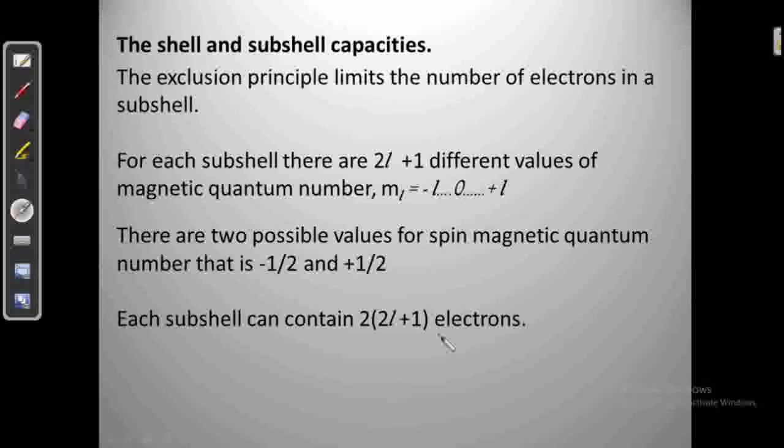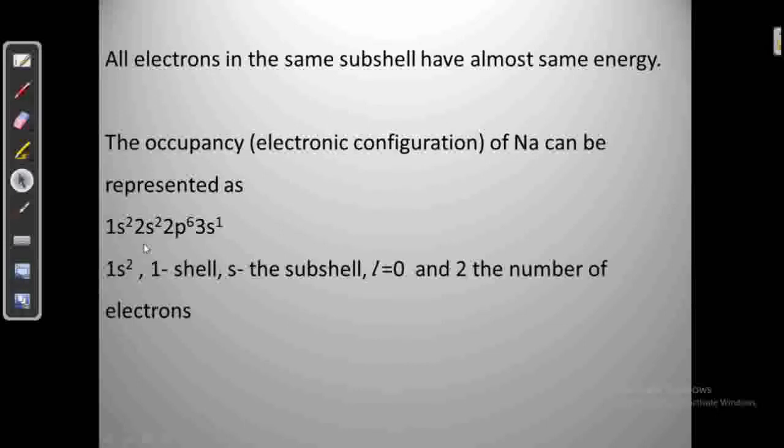So when L equal to 0, that is the S state or S orbital, you can see that there are only 2 electrons in an S subshell.